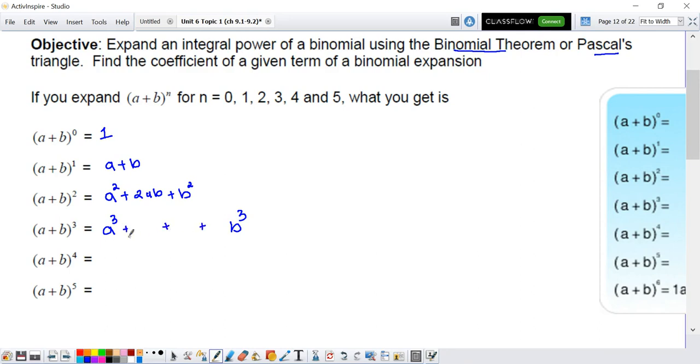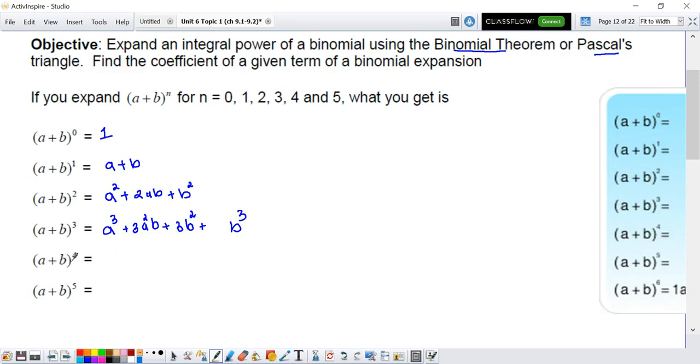Now, what will be those four terms? If you multiply a times 2ab, that's 2a squared b, and another a squared b, so together that is 3a squared b. The middle term will be, similarly, 3ab squared, and the last term is b to the third.